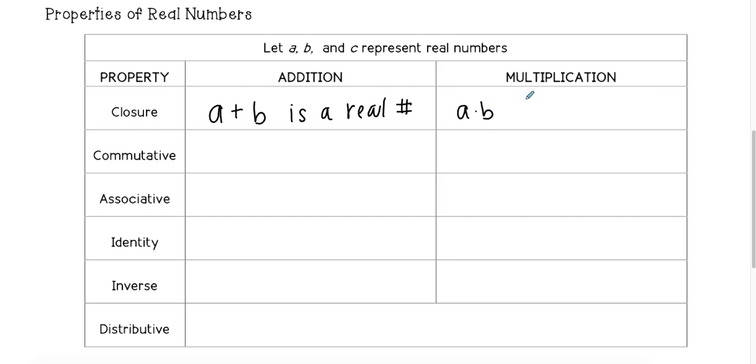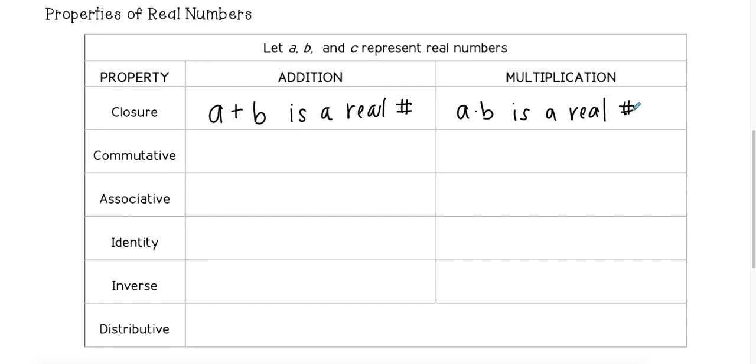A times B would be a real number. So hopefully this makes sense to you. If I have two real numbers and I add them together, it's going to give me a real answer. There's no way it's going to give you imaginary because they're real. So if I add two reals together, it's real. If I multiply two reals together, it's real.